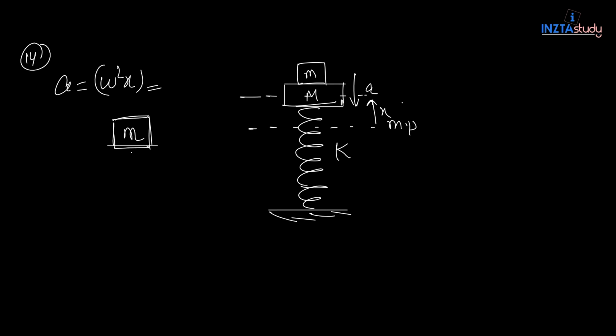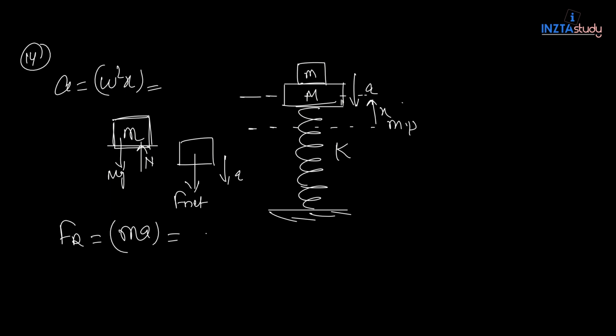It has many forces, that is mg, the normal reaction, and so on. Let the net force on this m block be F net, which is creating an acceleration of a for this block. So we can write the resultant force is equal to mass into acceleration. So it is m omega square into x.